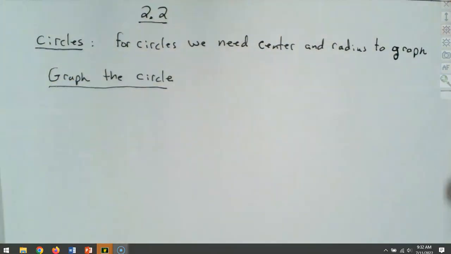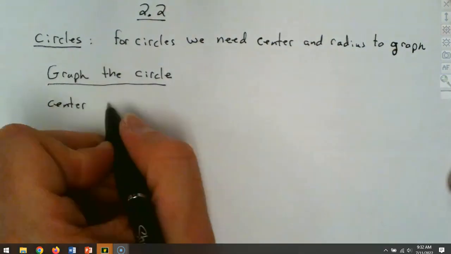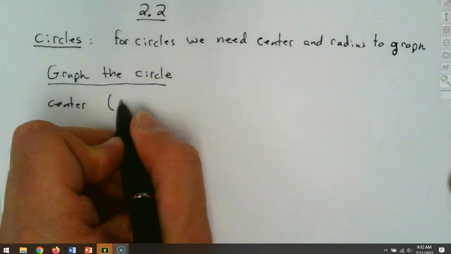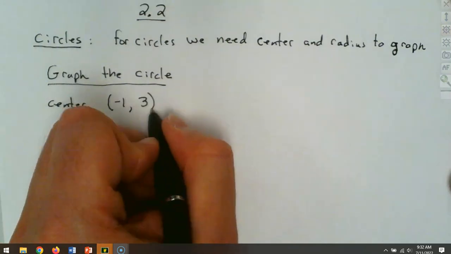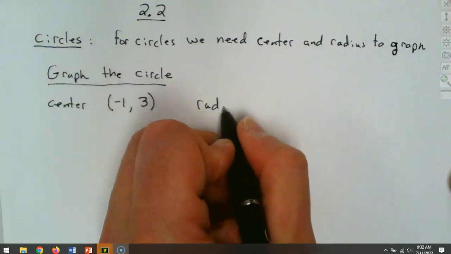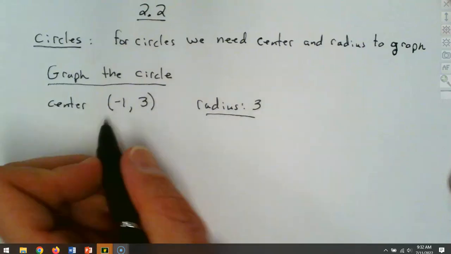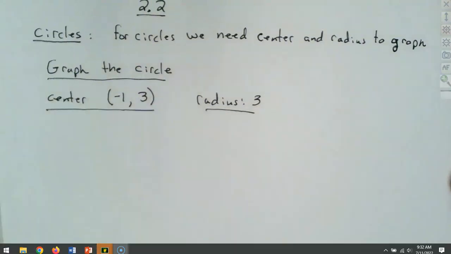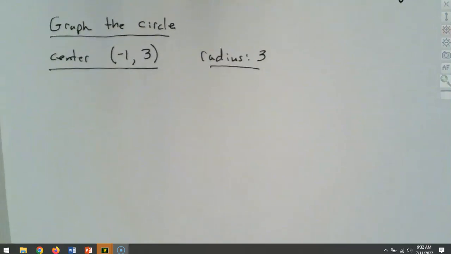So we're just going to graph this circle, and I'm going to give you a center at, how about, (-1, 3), and a radius of 3. Okay, so we want to graph this circle, and we've got a center, and we've got a radius. So how do we go about doing that?